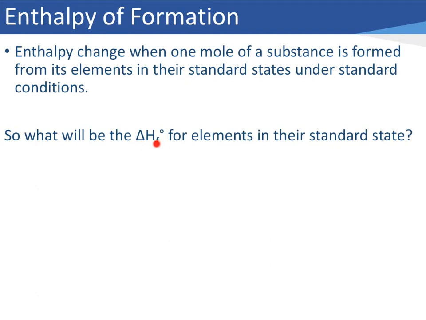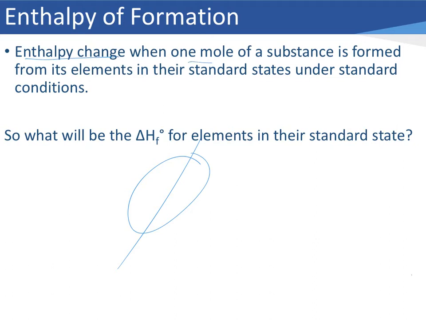So what will be the delta H of formation for elements in their standard state? 0. Elements, by definition, have a 0 value for enthalpy of formation. Not the same as saying they have 0 enthalpy, but that their enthalpy of formation is 0. Think about it.